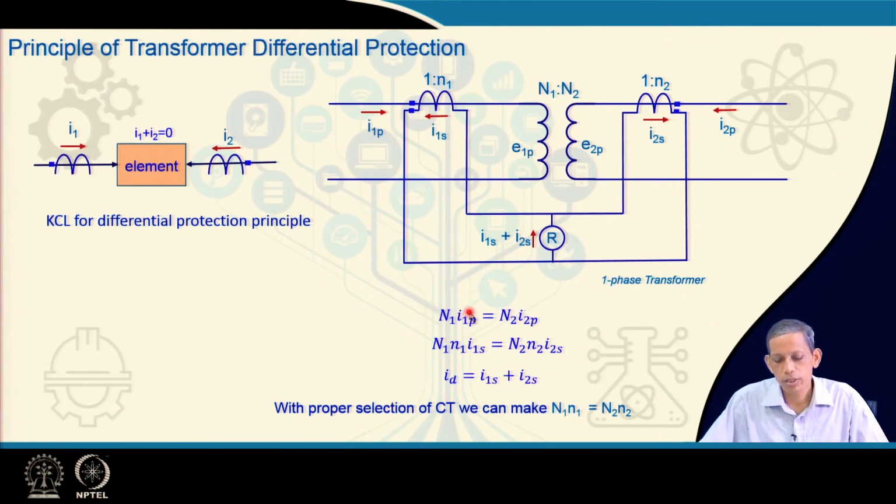Now, if we replace this primary current I 1p by the CT secondary current on this side, that becomes small n1 into I 1s.